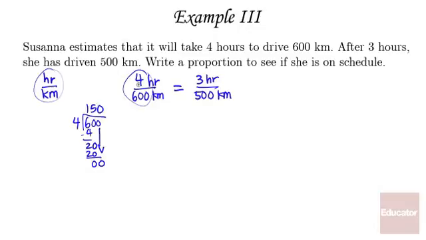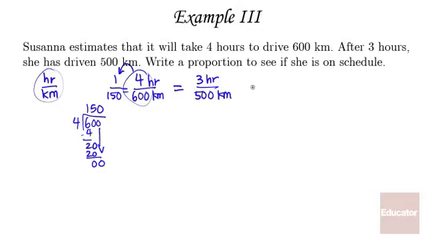So if I divide this by 4, and I divide this by 4, then I'm going to get 1 over 150. That means every hour, Susanna should drive 150 kilometers, right? If in 4 hours she estimates she's going to be driving 600 kilometers, that means every 1 hour, she's going to be driving 150 kilometers.